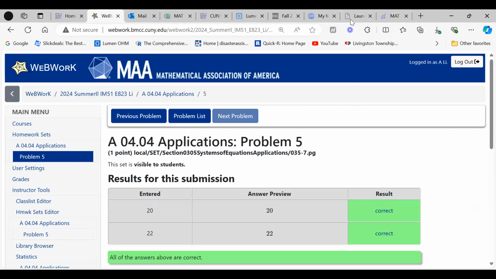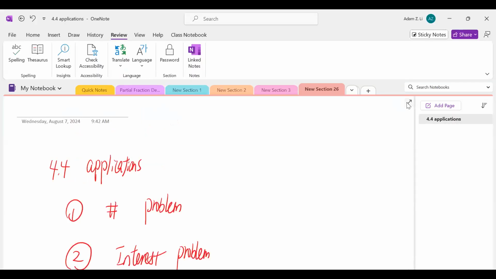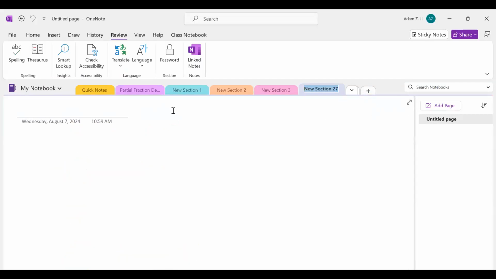So we basically finished chapter 4. Now let's take a look at chapter 5. Let me give you some introduction on chapter 5. Chapter 5 is mainly about exponents and polynomials. Let me share the screen.